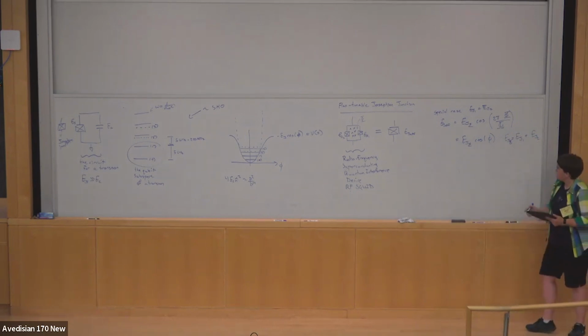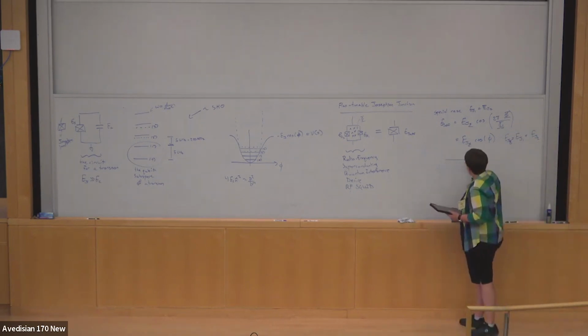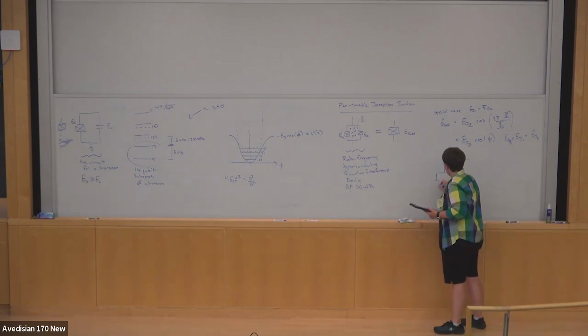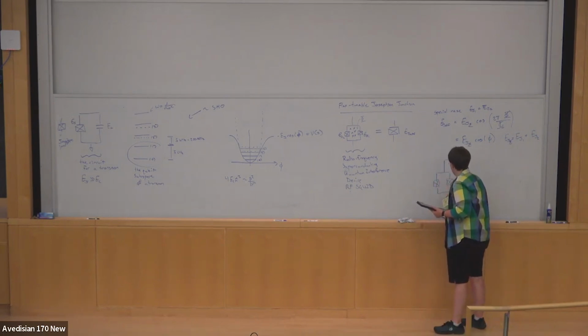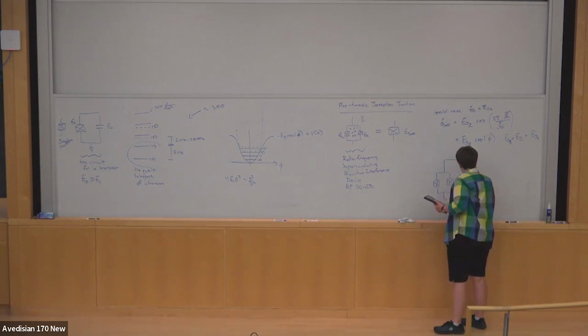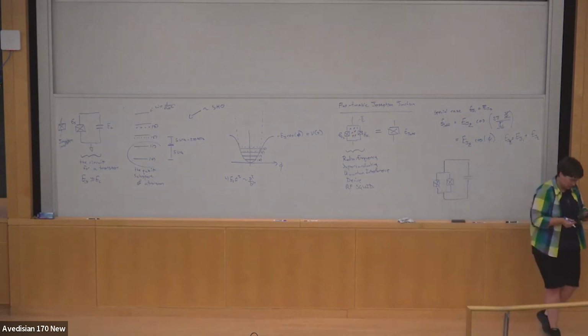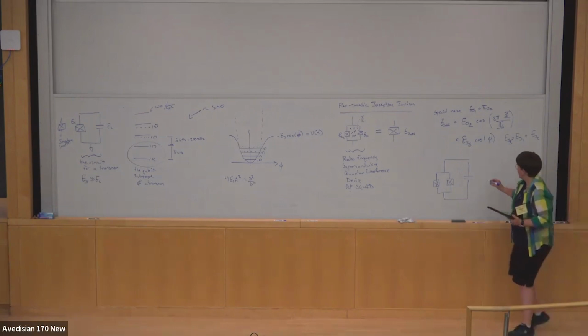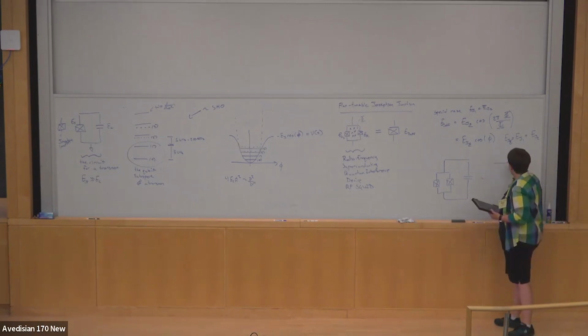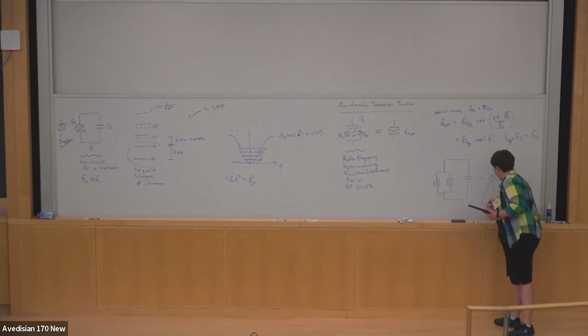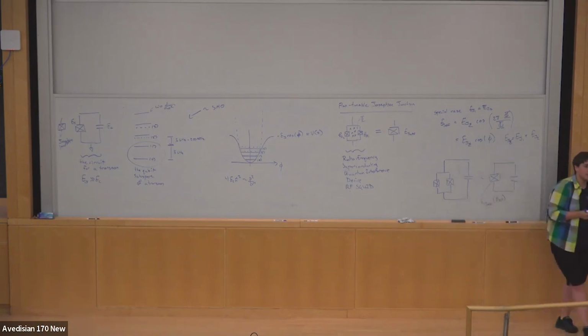And EJ sum is EJ1 plus EJ2. And so what that means is if we make a circuit like this, where instead of a single Josephson junction, I put an RF squid, then this is equivalent to the simple circuit that we started with, except that EJ effective is a function of the external magnetic field.